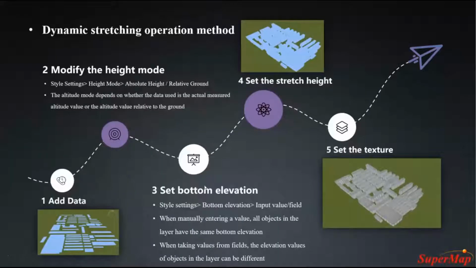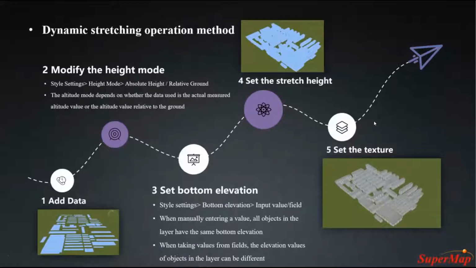And let's come back to the PowerPoint. Okay, that is the third step, to set the lift value, lift altitude. And the fourth step is to set the stretch height, just to set the value and modify its stretch height.